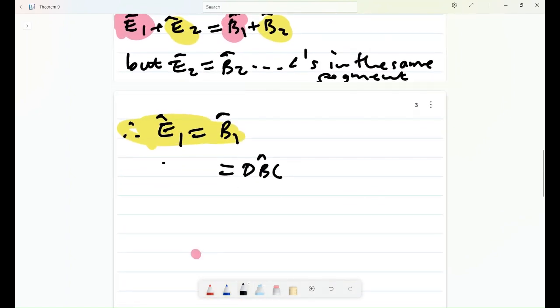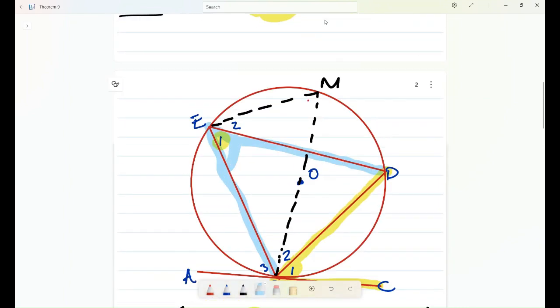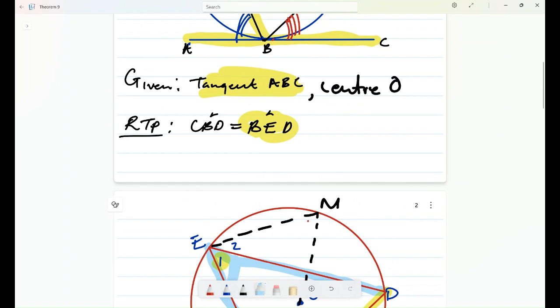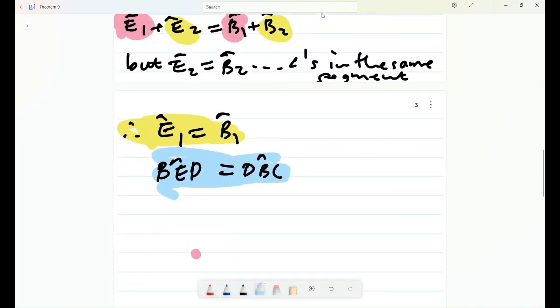Now, can you see that we have proven what we were required to prove? We are required to prove that BED is equal to CBD.